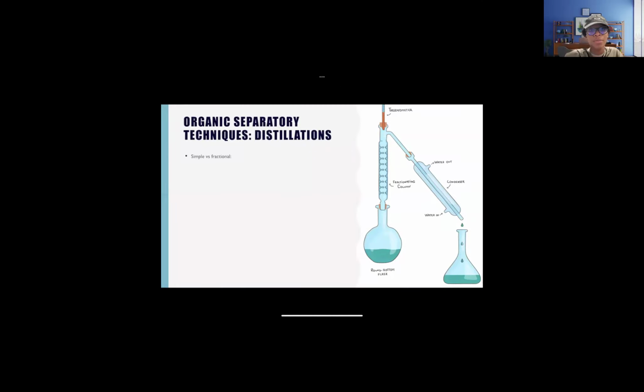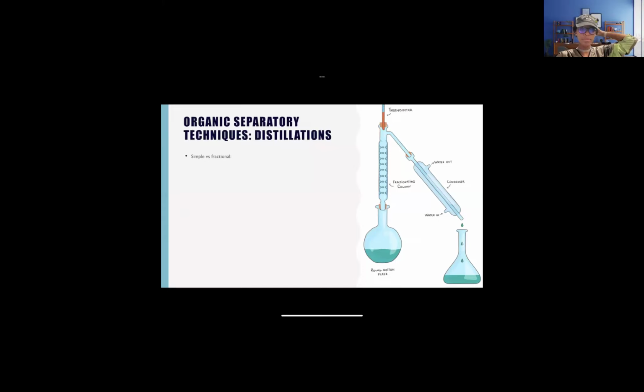Can anyone tell me the difference between when we're going to use simple versus fractional distillation? Fractional is for smaller boiling point differences. Exactly. Fractional distillation is for when you have two liquids with very similar boiling points.